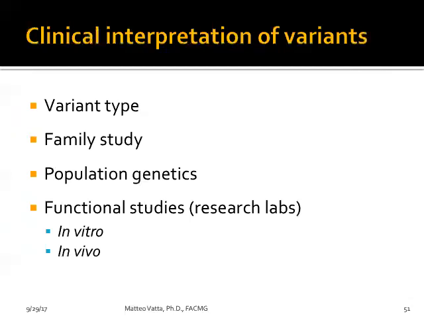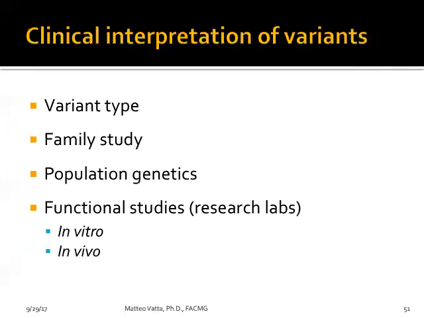Extremely important, the population genetics. In addition to those databases, also very important are those GWAS studies that have been done across the globe, where large cohort case versus control analysis has been done for many disorders. And in some cases, there are variants that can be more present in cases than controls.